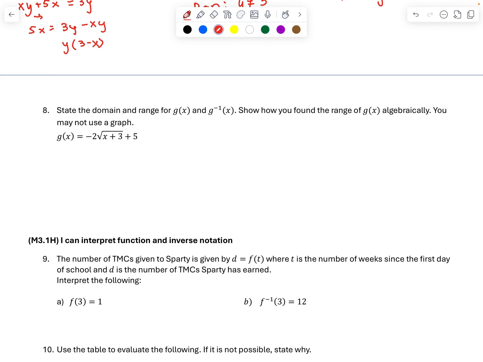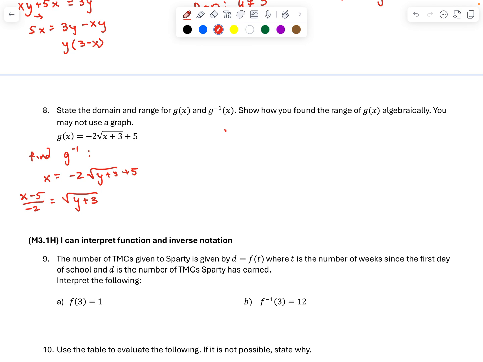Let's find g inverse for this function. Notice that since g is a square root, g inverse is going to be a quadratic, and that's not one-to-one. So let's find g inverse. Subtract the 5 off. Divide by -2. I don't have much room, so I'm just squishing it in a little bit.